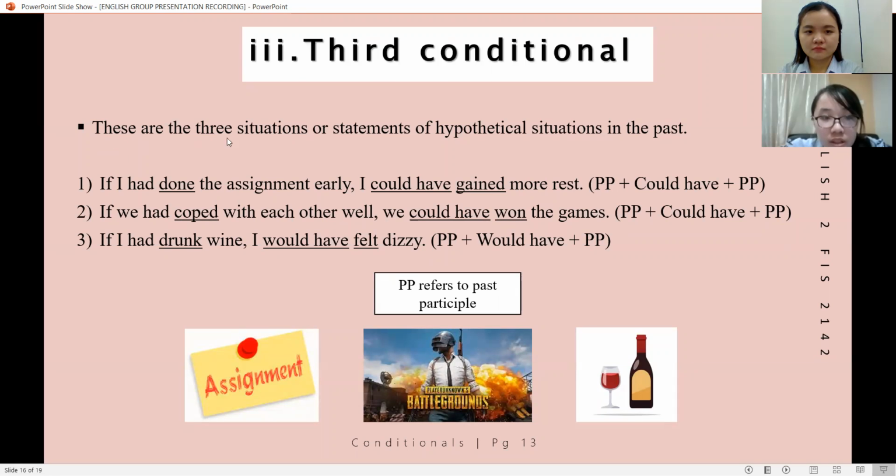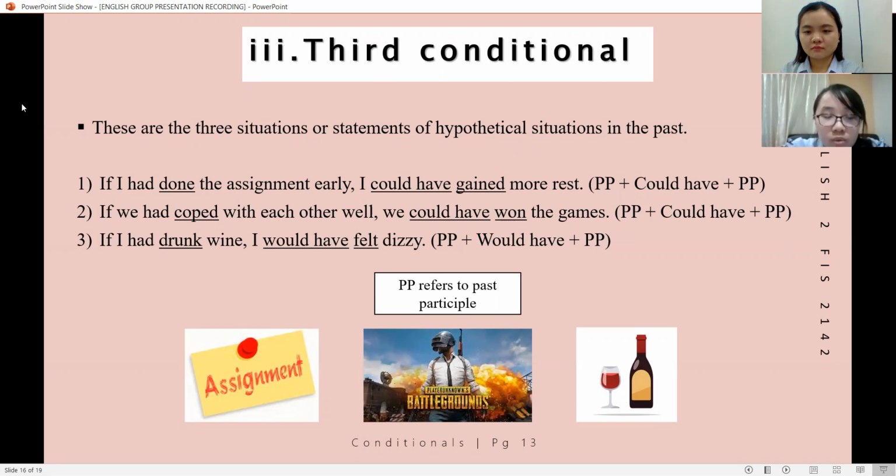These are the 3 situations or statements of hypothetical situations in the past. The first one, if I had done the assignment early, I could have gained more rest. The formula is past perfect for clause 1 and could have plus past participle for clause 2. Secondly, if we had coped with each other well, we could have won the games.